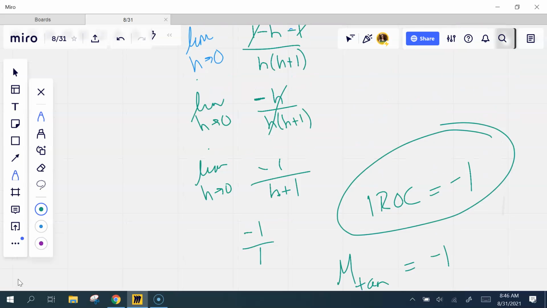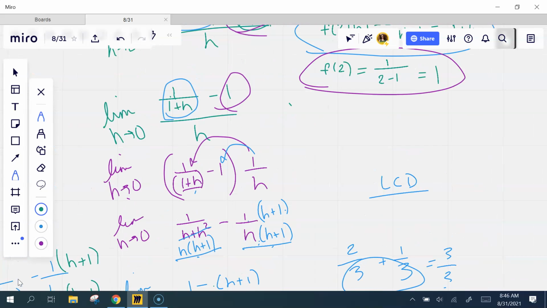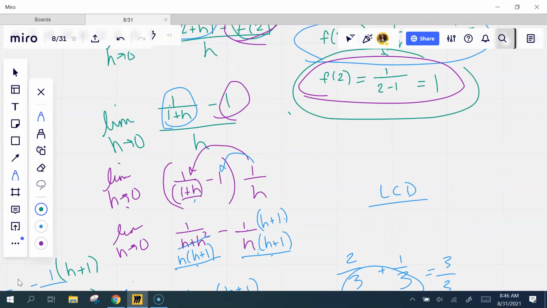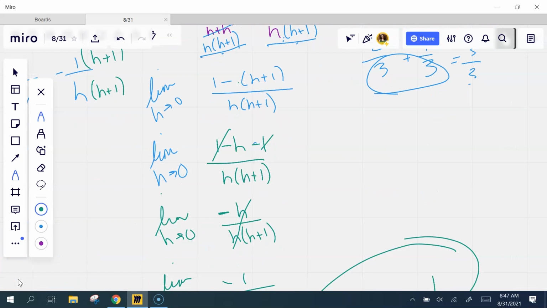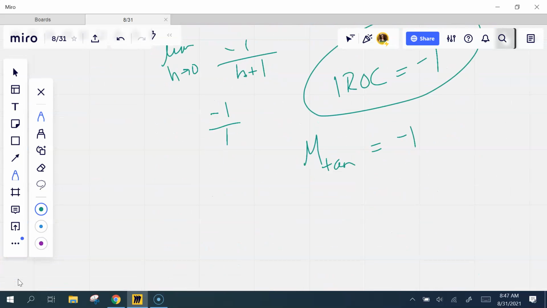I have both of those. Scroll back up here. Here's a point, because it says at x equals 2, so I need to use that point. f of 2, we've already figured out, was 1. I have a slope, I have a point. Let's write the equation.